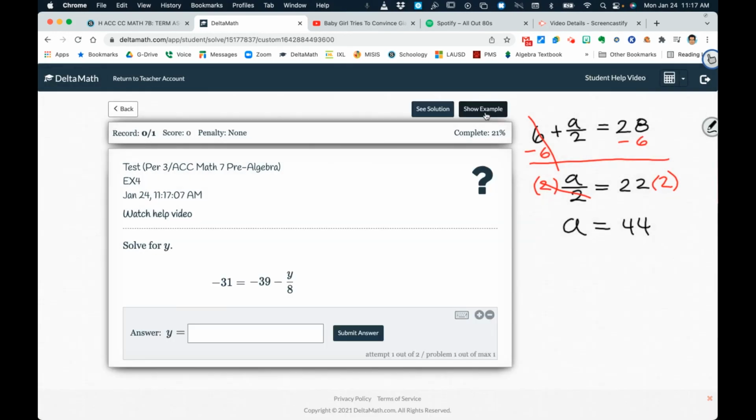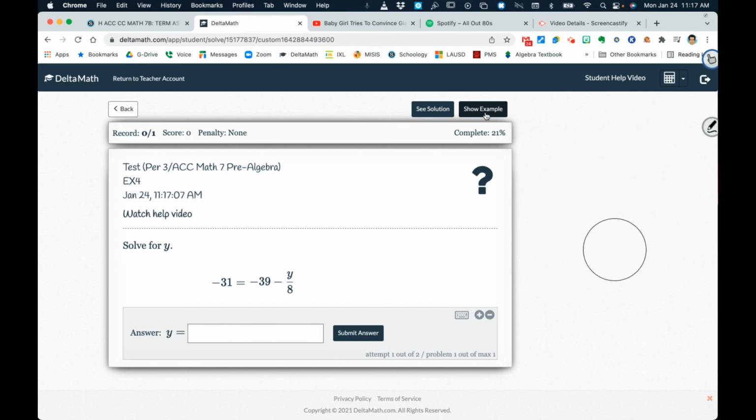Okay, last one. Okay, this is going to be similar to the one we did in the notes as well.